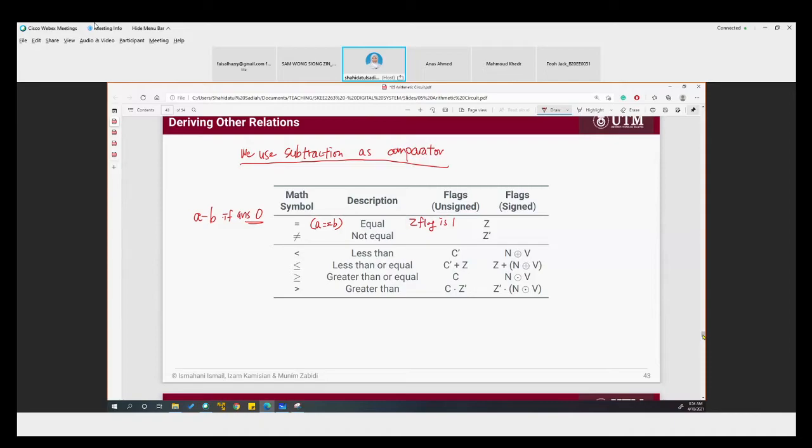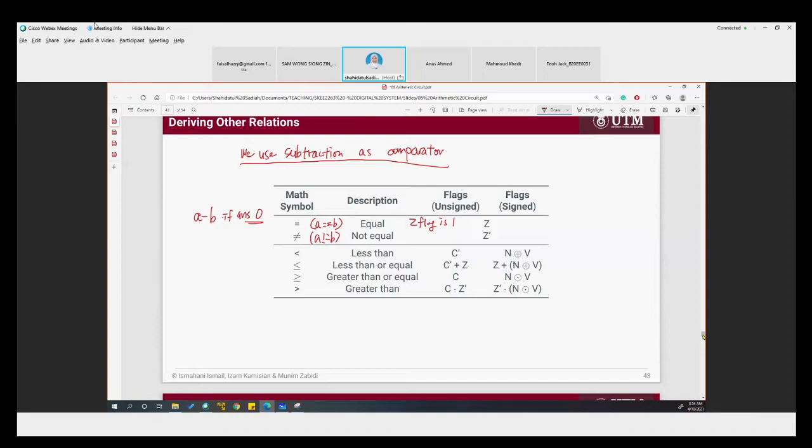And then if we want to check if A is not equal to B, you always use this, as you have experience writing this kind of conditions in C programming or other programming, right?